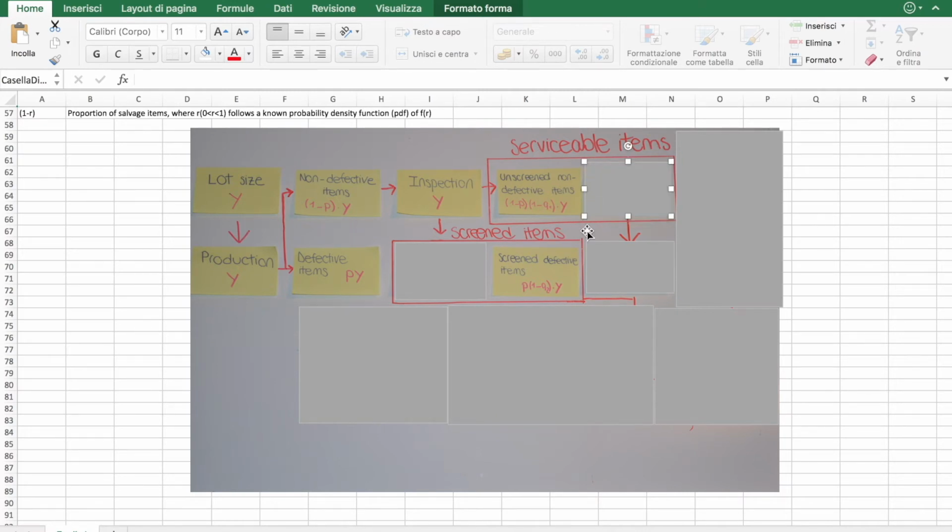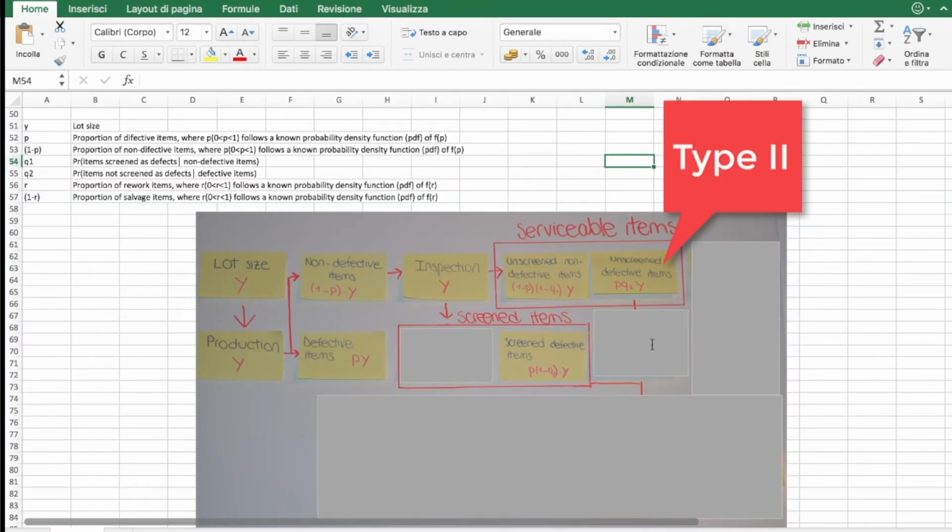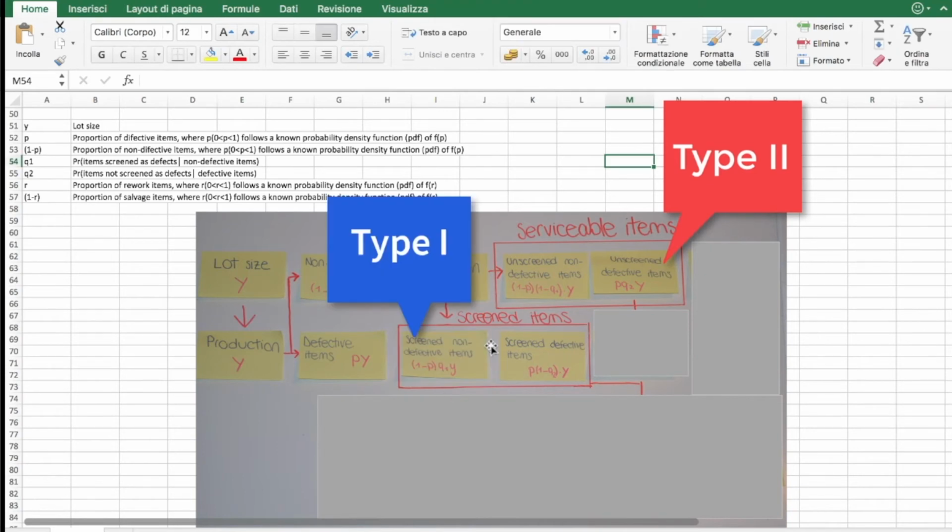However, since the inspection process is also not perfect, among the serviceable items we will find also unscreened defective items, thus generating type 2 error. And among the screened items we will find screened non-defective items, thus generating type 1 error.